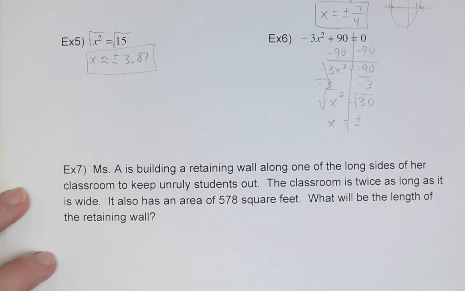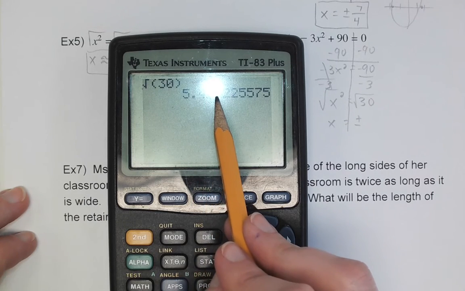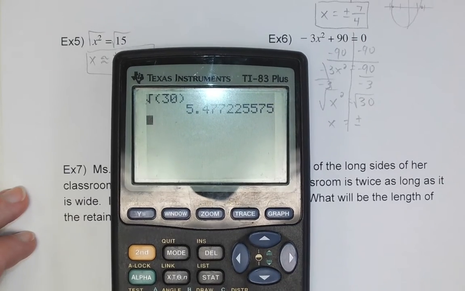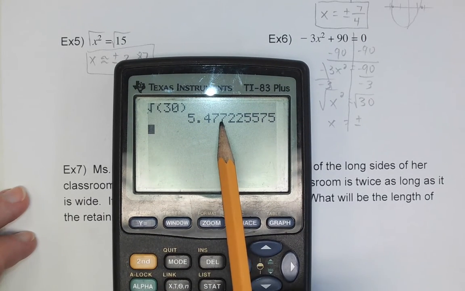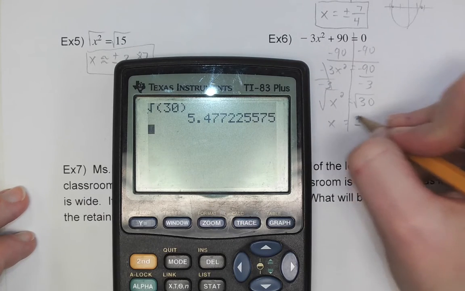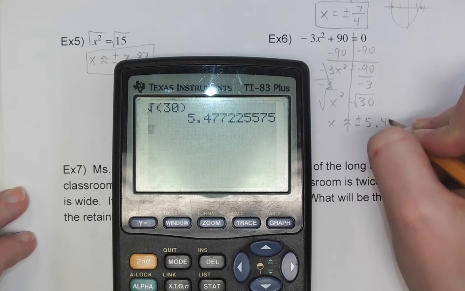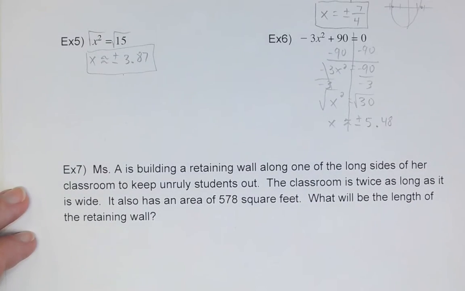Don't forget that you have to have your positive and your negative, and we're going to type in square root of 30. Gives us 5.477, so you can't see that, sorry. This 7 is going to round up to an 8, so I'm going to say it is about 5.48, positive and negative.